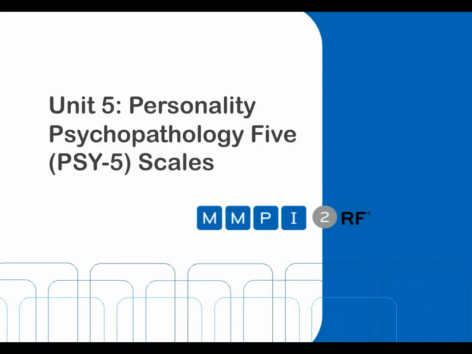We've reached the final unit of our module, which is on the Personality Psychopathology 5 scales. At scores that are within normal limits, these actually assess normal personality traits, but when clinical elevations occur, it's indicative of abnormal personality traits.